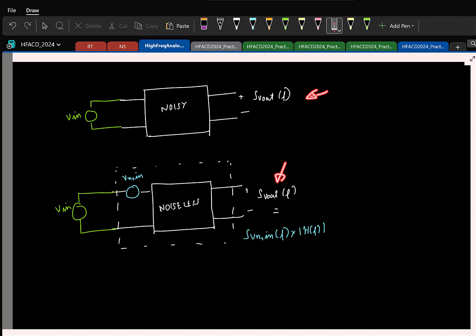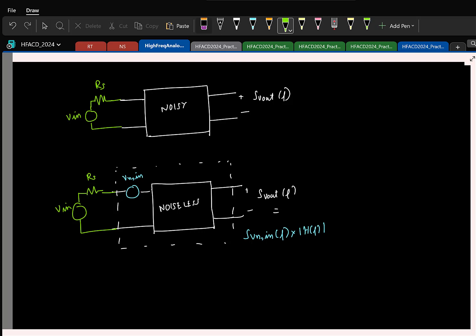Because input comes through, the noise is taken care of. But now let us say this voltage source has a series resistance Rs. And remember, this Rs is not under your control, right? That is basically whatever previous stage is there, its effective series resistance is what is here.